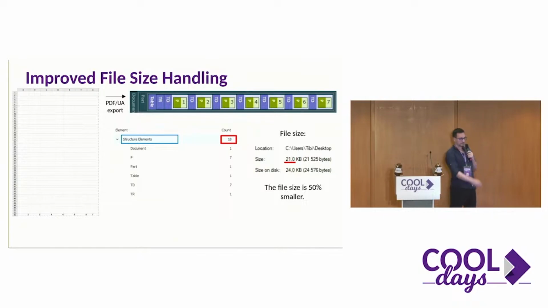If you check the structure tree, we can see that it just exported the document root element, the part tag with a table row, and the 7 table data elements and the 7 paragraph elements.